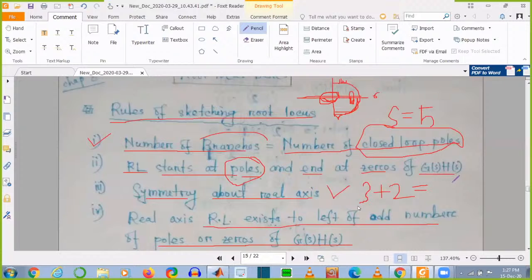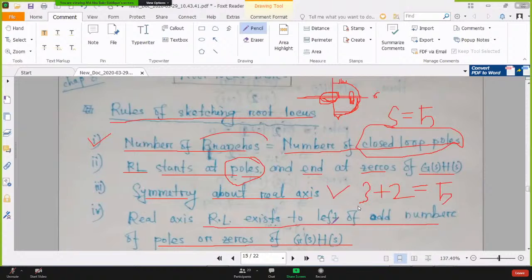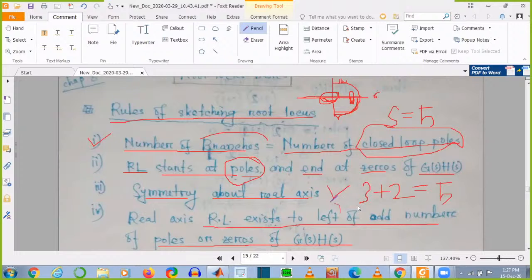Here we have to check that the real axis root locus exists to the left of an odd number of poles and zeros. To the left of what? Of an odd number of poles and zeros.